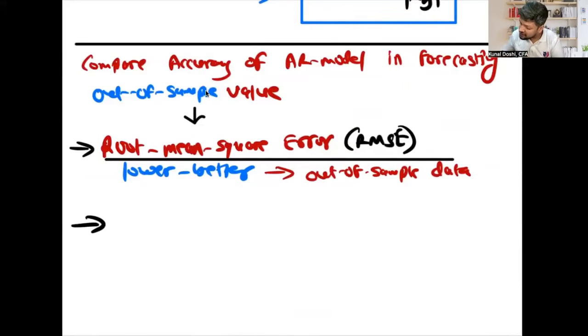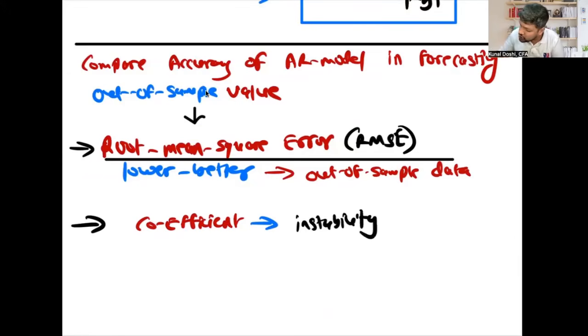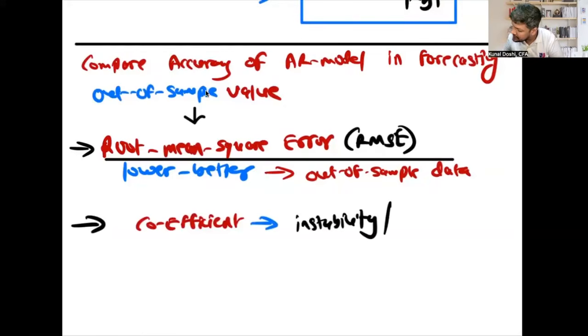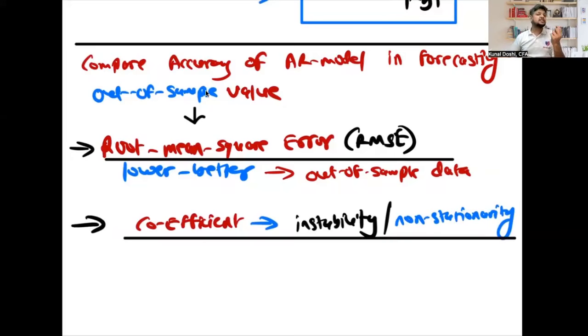Instability is also termed non-stationarity. You need to know both, instability and non-stationarity, which is the more common word in the statistical world. So we are going to test whether the coefficients are unstable or not.